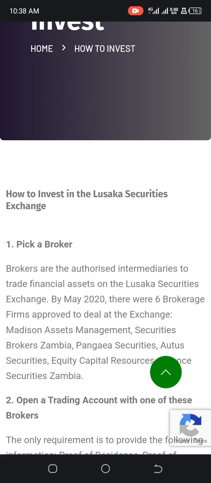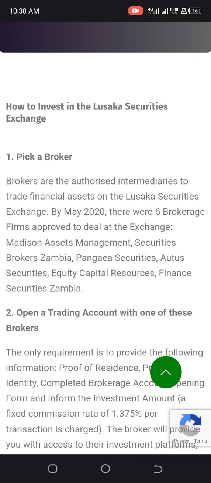But when it comes to shares, there is an intermediary, and these intermediaries are called brokers. As at 2020, there were 6 brokers, and the function of a broker is they offer technical as well as infrastructure resources that help investors to invest as well as to save money.